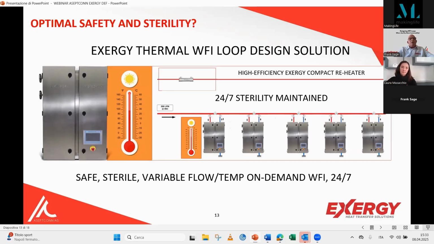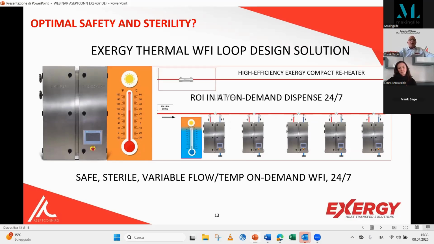This is a very, very important consideration here. We are able to ensure full sterility all the way to the process equipment.